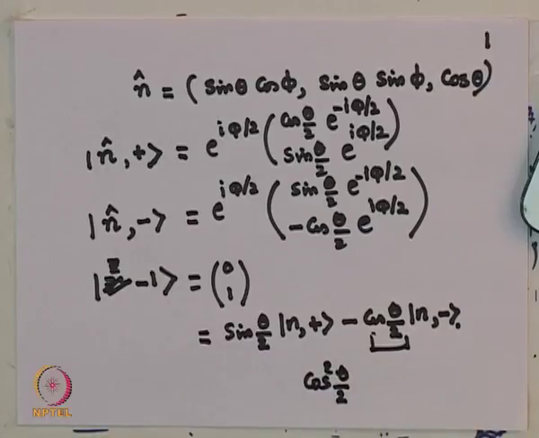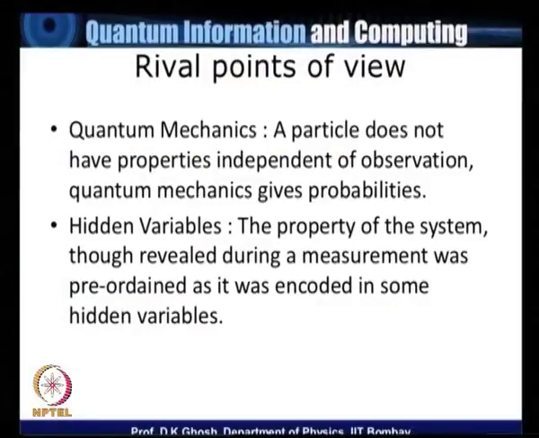So in other words, the measurements are still correlated, though there is no perfect anti-correlation, as would be the case if Bob were to make his measurement also along the z direction. So we had seen the conflicting points of view, which are summarized in this slide, but since I had discussed it earlier, I am not going to go through it.